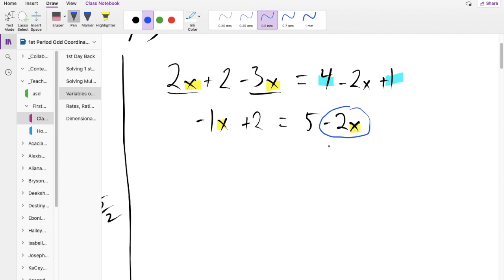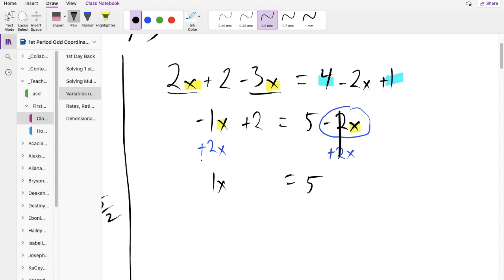That means I need to add or subtract to move it over. Since it's a negative 2x, I'm going to add 2x on both sides. On the right side, those cancel, leaving me with just 5. And on the left side, the negative 1x plus 2x leaves me with a 1x.